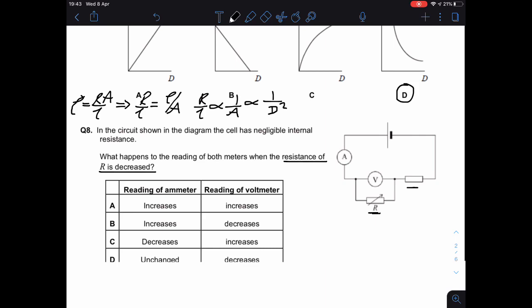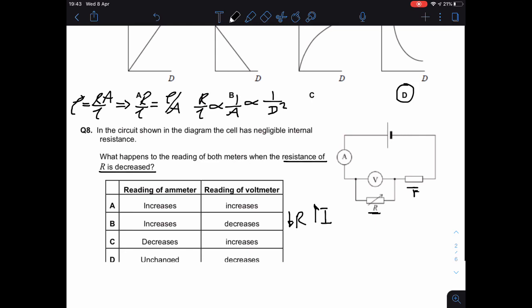So if we've got our variable resistor R and little resistor, small r, in series with it, if the value of R goes down, then hopefully you can see, because those two resistors are in series, the current flowing through those resistors and hence through the ammeter will go up. Reduction in resistance will lead to an increase in current.